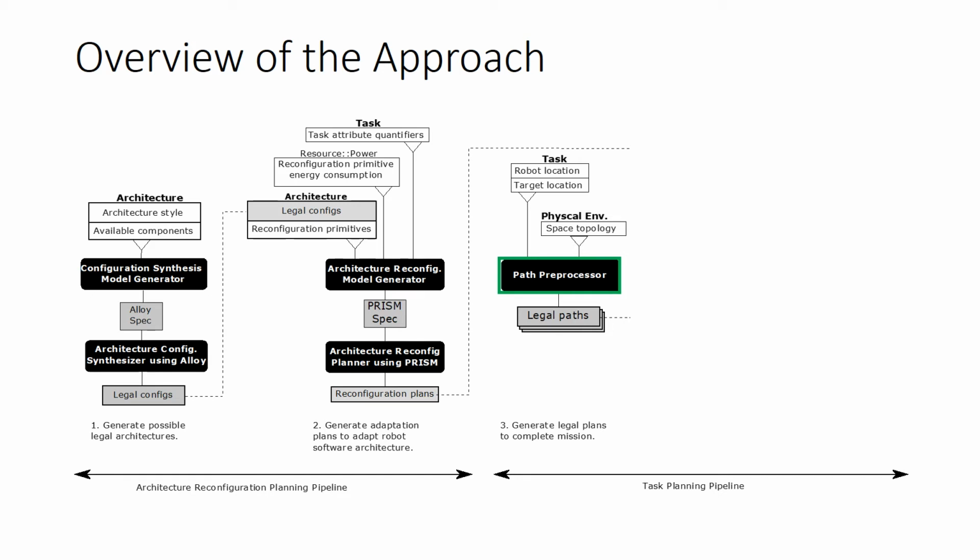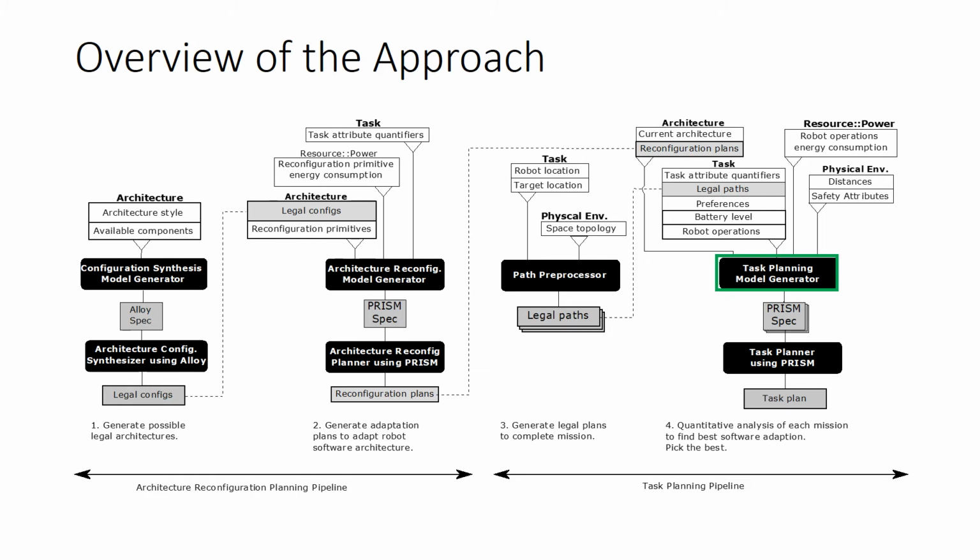This step is introduced as an optimization of performing path synthesis via model checking, which is much more expensive in computational terms. The last stage of the task planning pipeline performs the analysis of all candidate task plans, which include both a path and a reconfiguration in which the path will be traversed to complete the mission. The first step of this stage is generating a set of candidate task models, each of which is encoded as an MDP PRISM specification.